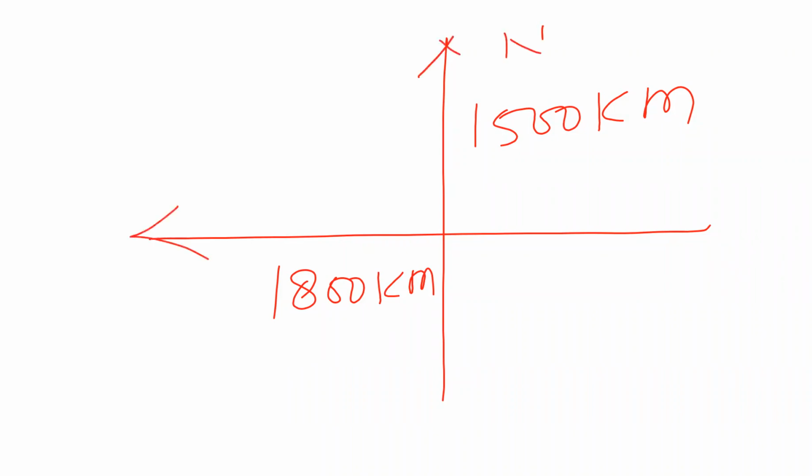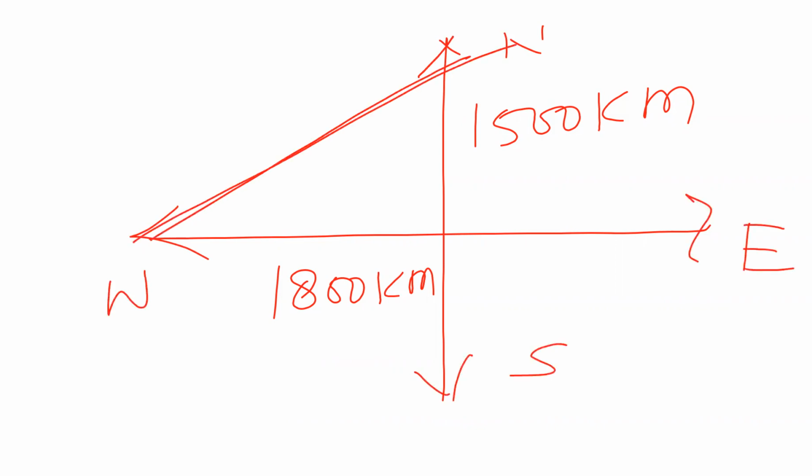So this one is north, this one is west. This one is east and south. Now you have to find this distance, right? You have to use Pythagoras theorem, right? Yes, it is very simple.